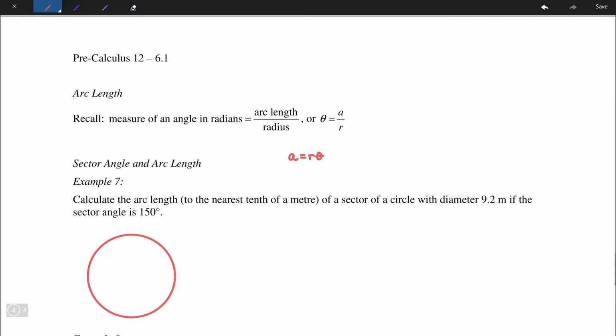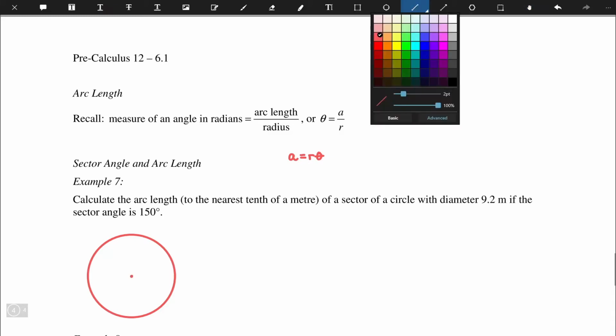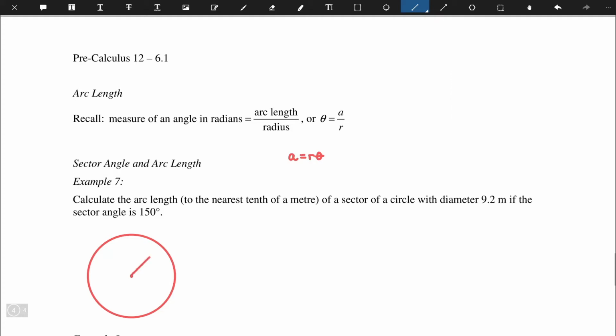So let's go ahead and draw that. Here's the center of the circle. So this would be the sector, something like this. We know that this is 150 degrees, and we're looking for the arc length that goes between the x's, and we know that the radius of the circle is 4.6 meters.